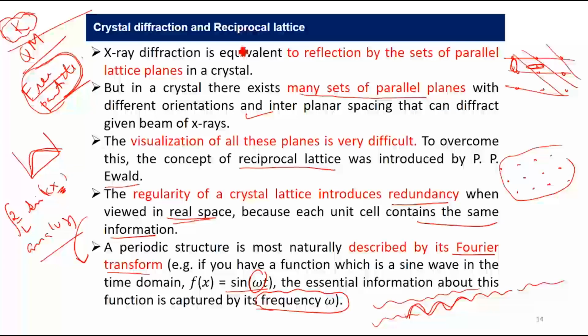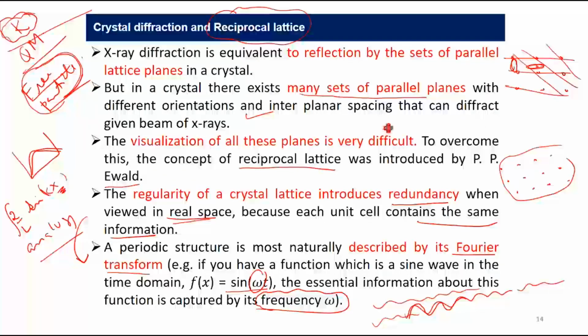Suppose this is a voice signal, somebody saying a particular note. A better way of representing this is by doing a Fourier transform, so that this is one particular frequency. By that frequency we can say this is a particular note, let's say sa. Are you getting it?